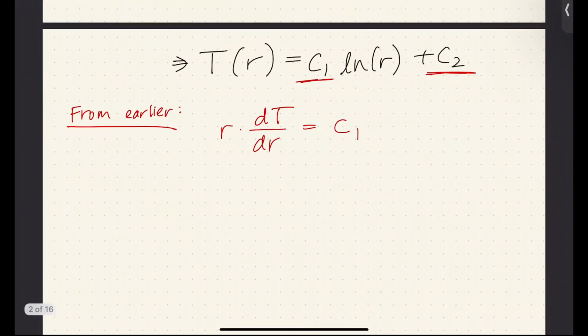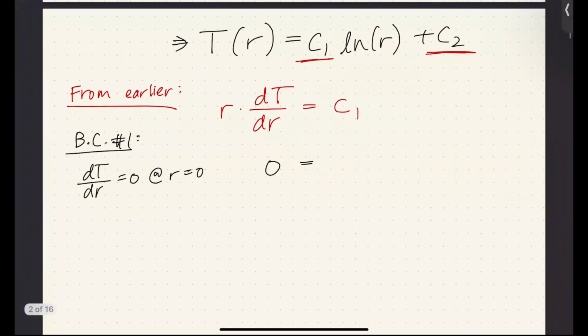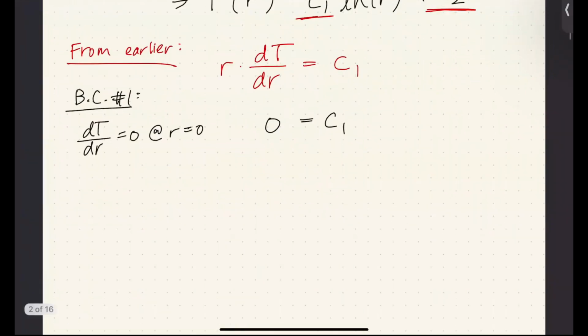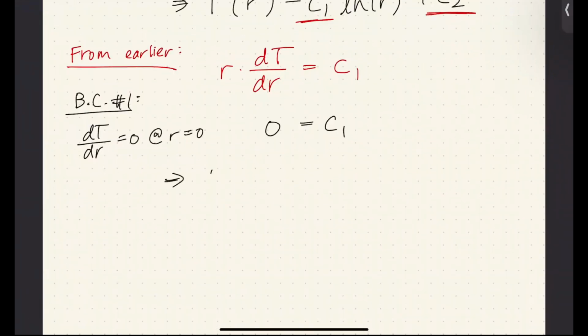By our boundary condition number 1, dT/dr equals 0 at r equals 0 by symmetry. So that means we have 0 times 0, 0 equals C1. So there we go. We already have our first constant. That means T of r is just C2.